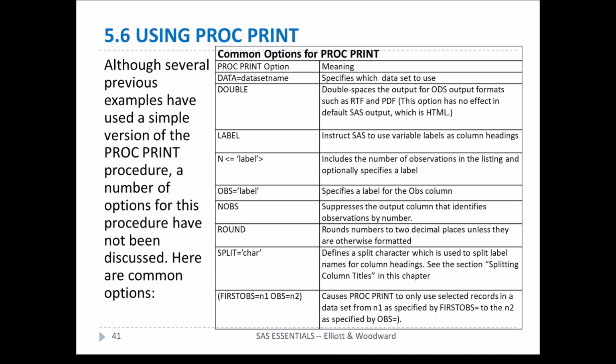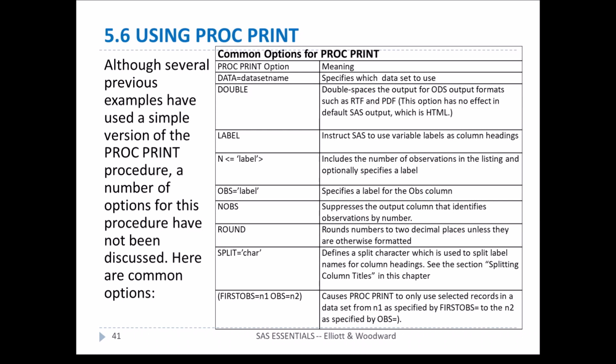A label we've seen in equal, and then a label we're going to see in an example in a minute, includes the number of observations in the listing and optionally gives it a label. The OBS equal label allows us to rename that OBS column to something else. We can also say noobs, which suppresses the OBS column so it doesn't even appear. The round we've seen earlier rounds a number to 2 decimal places, or we can specify some other number of decimal places.